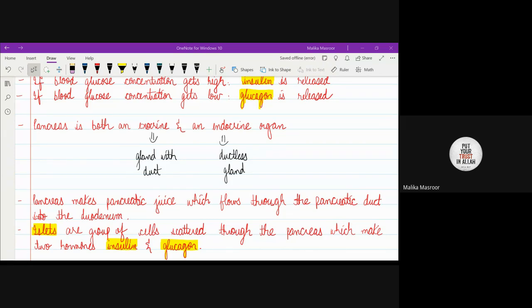The pancreas acts as both. It produces some secretions via duct, for example pancreatic juice that flows through the pancreatic duct. This is an example of exocrine. And glucagon and insulin are released without a duct. Yes, rest of you clear?